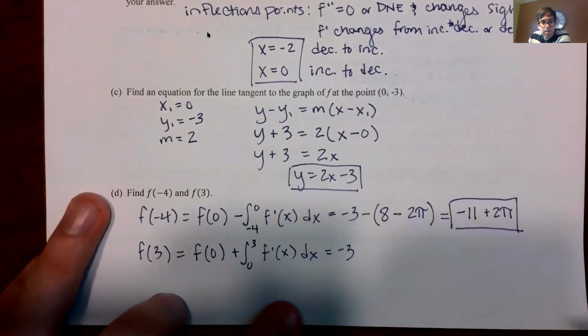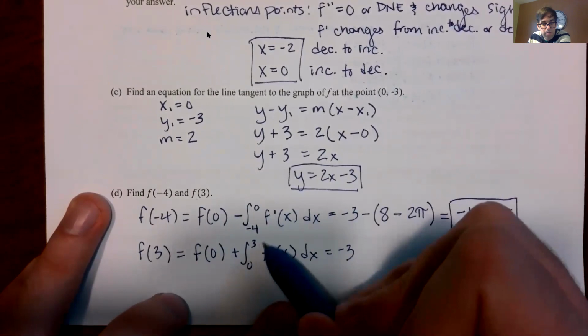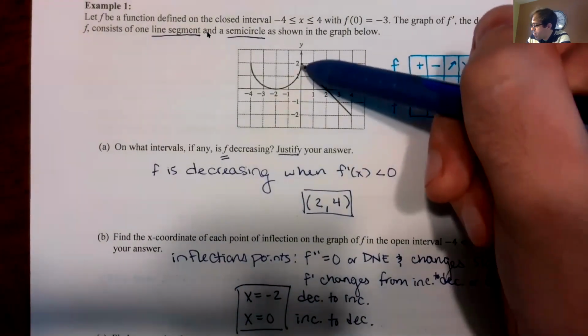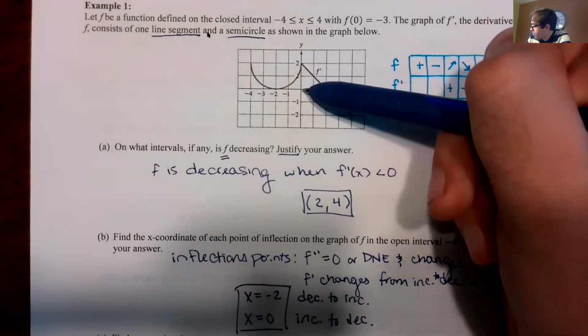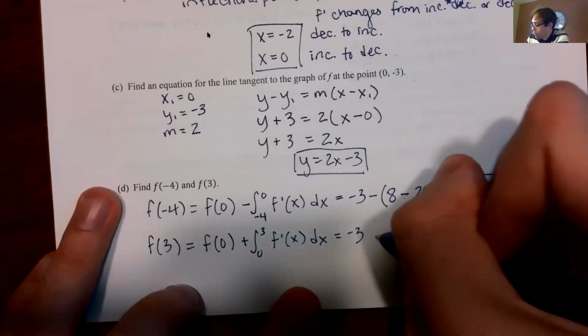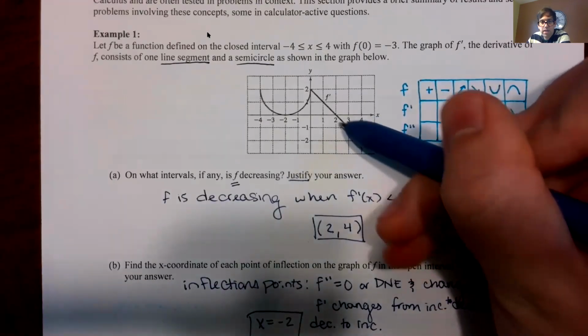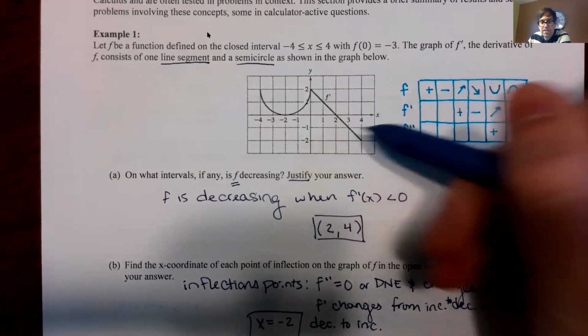And we can do the same thing for this one, except now we need the area from 0 to 3. So from 0 to 3, we have this triangle up here, which is going to be 1/2 times 2 times 2. And then we have this triangle down here, which is below the x-axis, so it's negative.